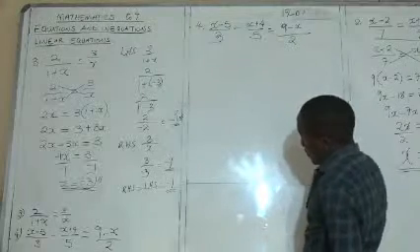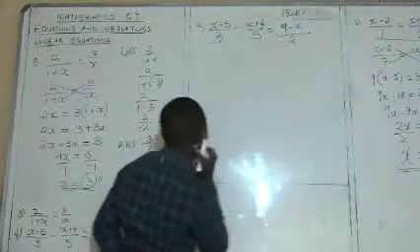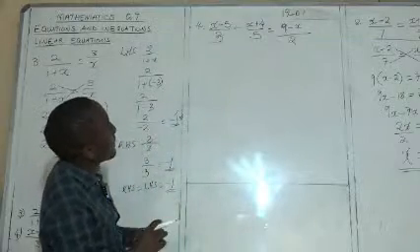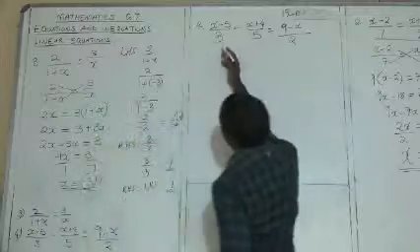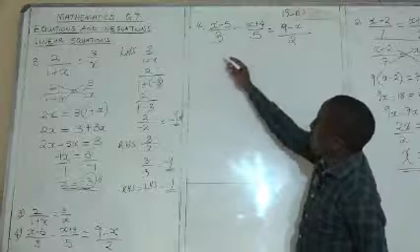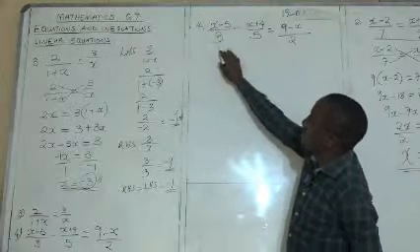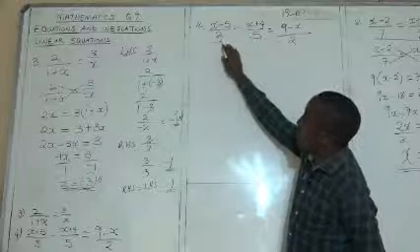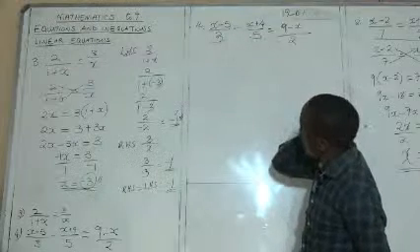In this question, we'll first deal with the left hand side. Then after dealing with the left hand side, that's when we are going to include the right hand side. Like we did for the first question, you look at the denominators which you have: 3 and 5.